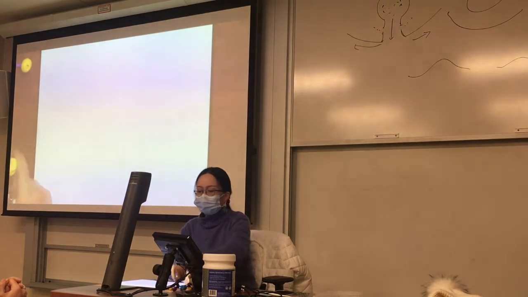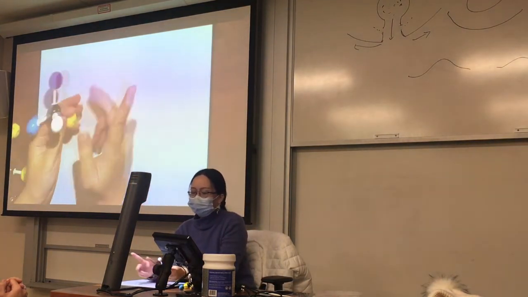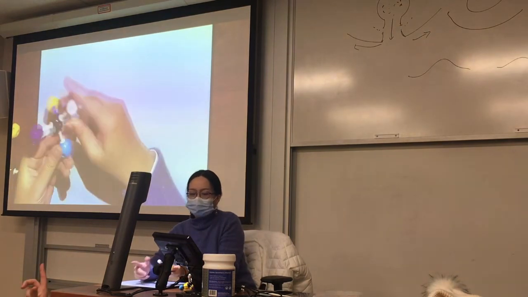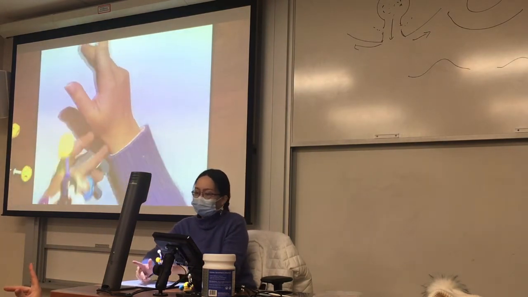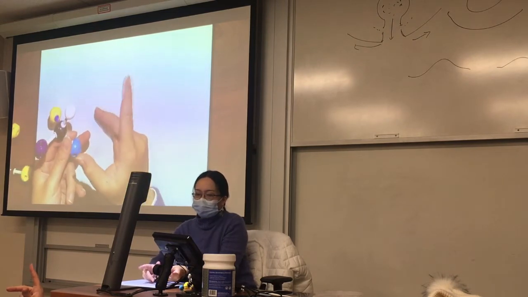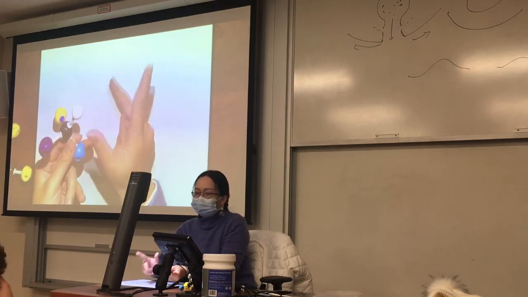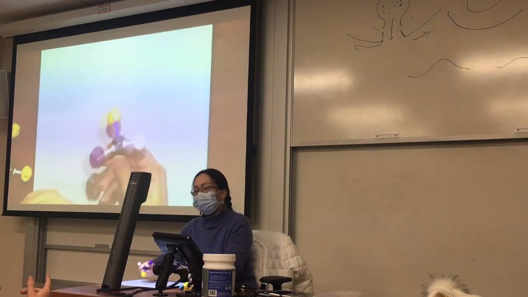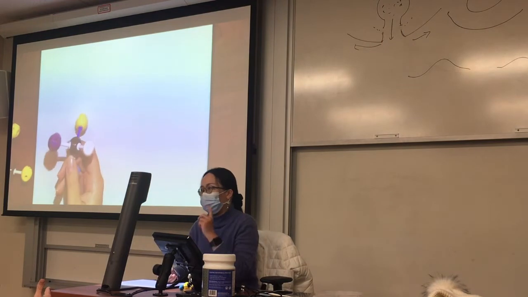Say the blue atom is my arm, purple is my thumb, and the rest of them are like that. If you want to do rotation, you can always do rotations with your hand. The other hand also works.